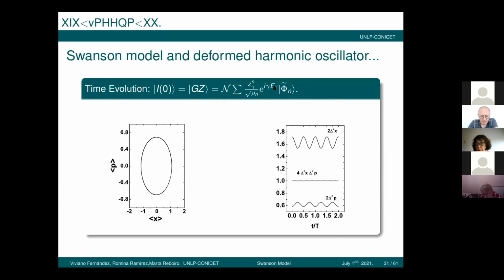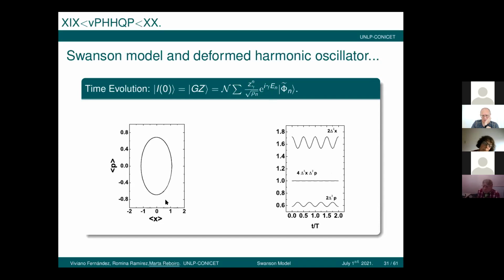That was clear because the spectrum was real, and at each time the uncertainty remains constant at the minimum value, while the P operator is squeezed and the X operator is not squeezed. That is, the squeezing of P is on the anti-squeezing on X.